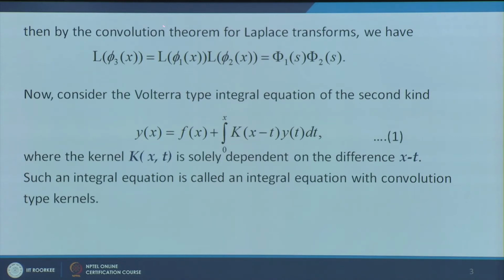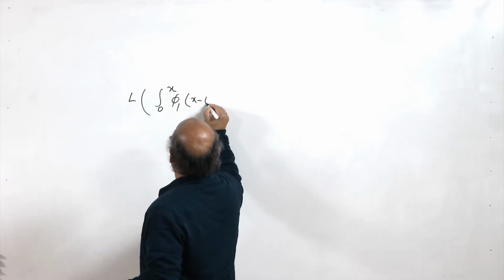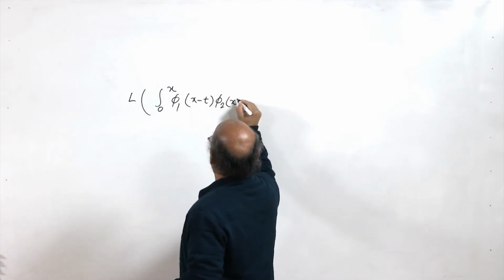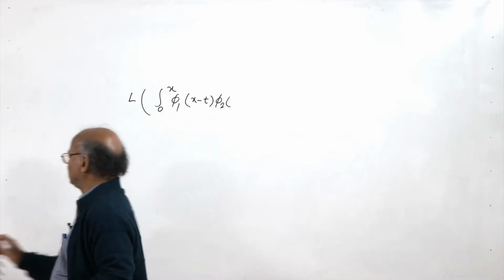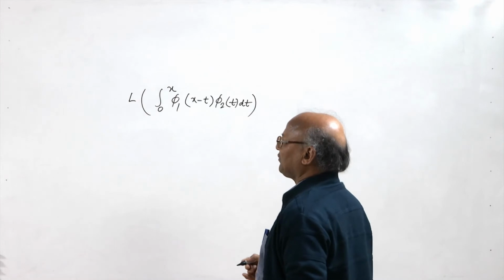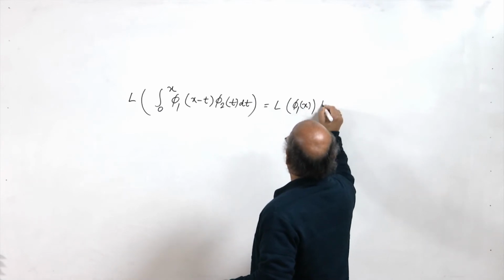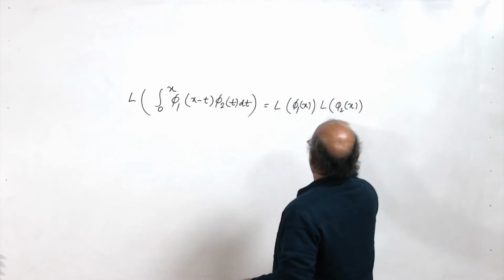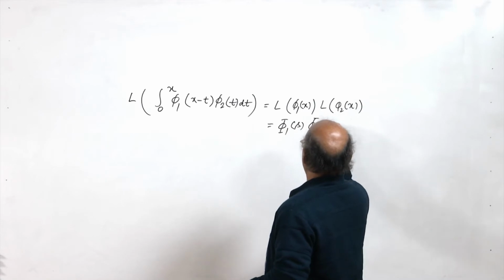Then by the convolution theorem for the Laplace transforms, the Laplace transform of phi 3(x) is the product of the Laplace transforms of phi 1(x) and phi 2(x), which is equal to phi 1(s) into phi 2(s).